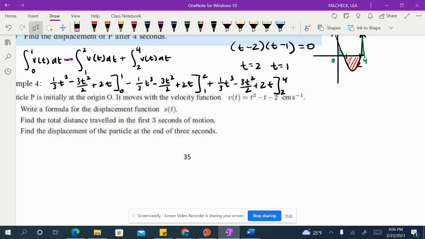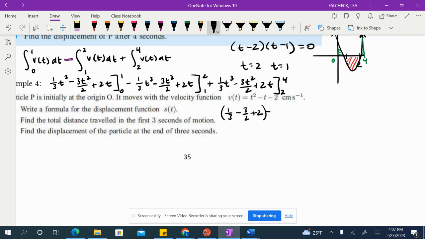All right, now let's see what we've got here. So if this is a 1, we're going to have 1/3 minus 3/2 plus 2, and then this whole piece is a 0, so it's going to disappear.